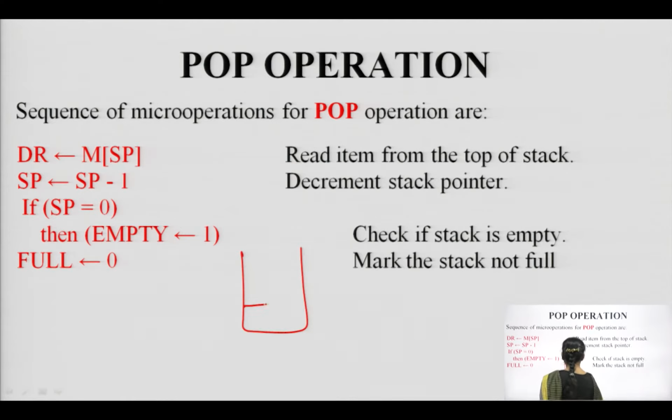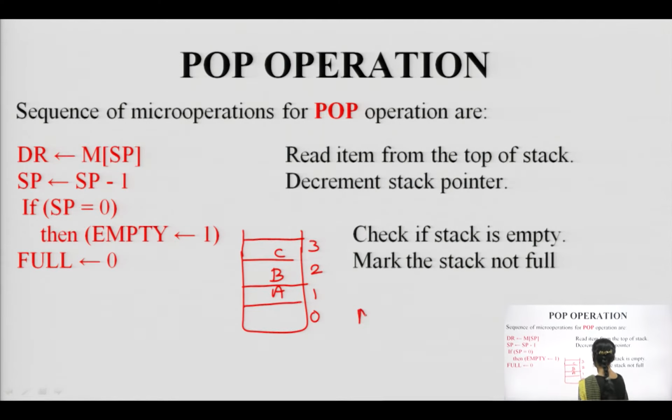Taking an example, suppose I have inserted these 3 elements at address locations 1, 2 and 3, and my stack pointer is representing 3, because the topmost element is at 3.